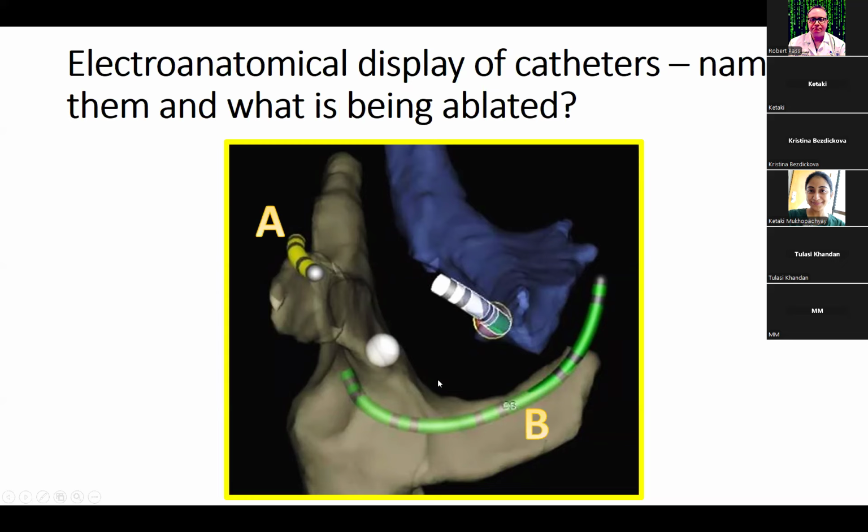So there are ways to manipulate it, but as some of you may know, left-sided pathways don't have to be ablated transeptally. There are still electrophysiologists who will do it retrograde and go up the descending aorta into the ascending aorta, cross the aortic valve, and then retroflex the catheter up across the mitral annulus.